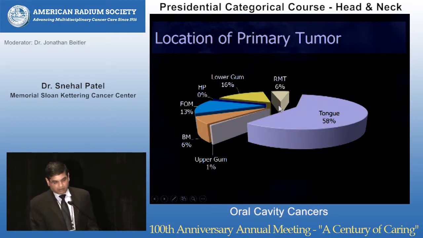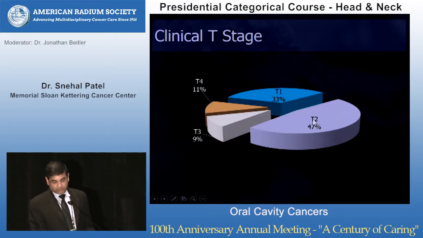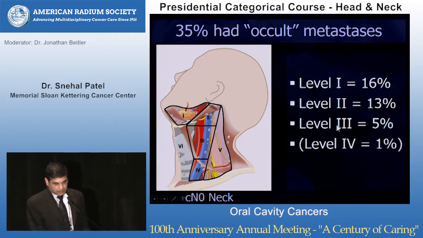As you would expect, most of these patients had cancers of the oral tongue and floor of mouth. Most were early stage cancers, because they presented with a clinically negative neck, T1 and T2 primary tumors. About 1/3 had occult nodal metastasis. So a clinically negative neck, but there was a metastatic deposit or deposits found in their lymph nodes on neck dissection specimens. And most of these were in levels 1, 2, and 3.